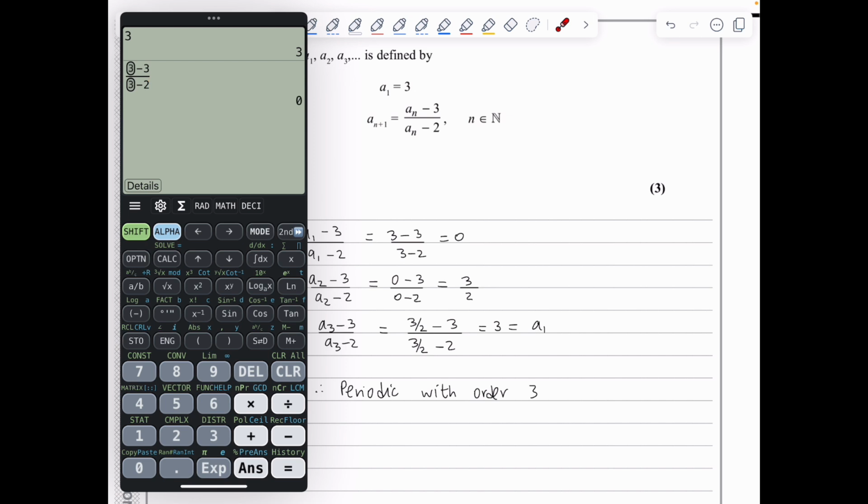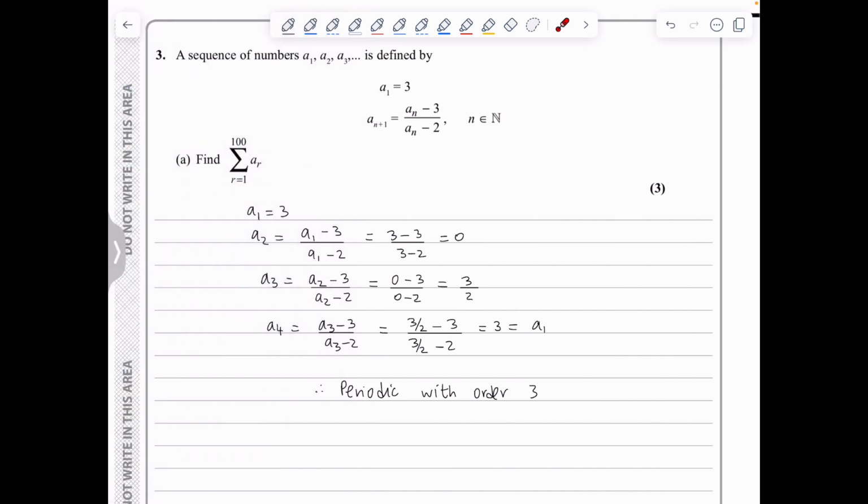So each time I press the equal sign, I generate the next term, so I can already see that it's 0. I press it again, it's 1.5, the 3 over 2 we had here, and then it's 3, again 0, 1.5, 3, 0, 1.5. So this is the pattern here.